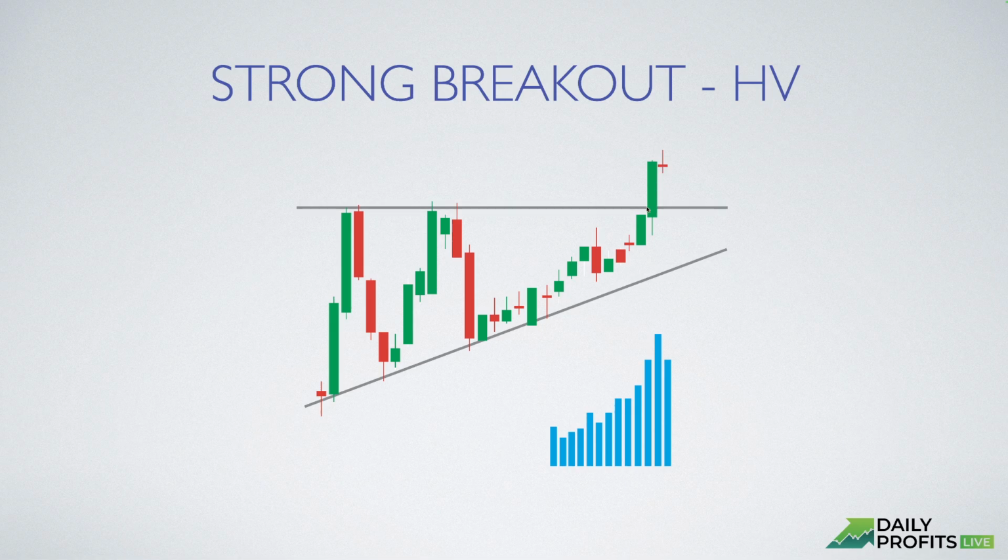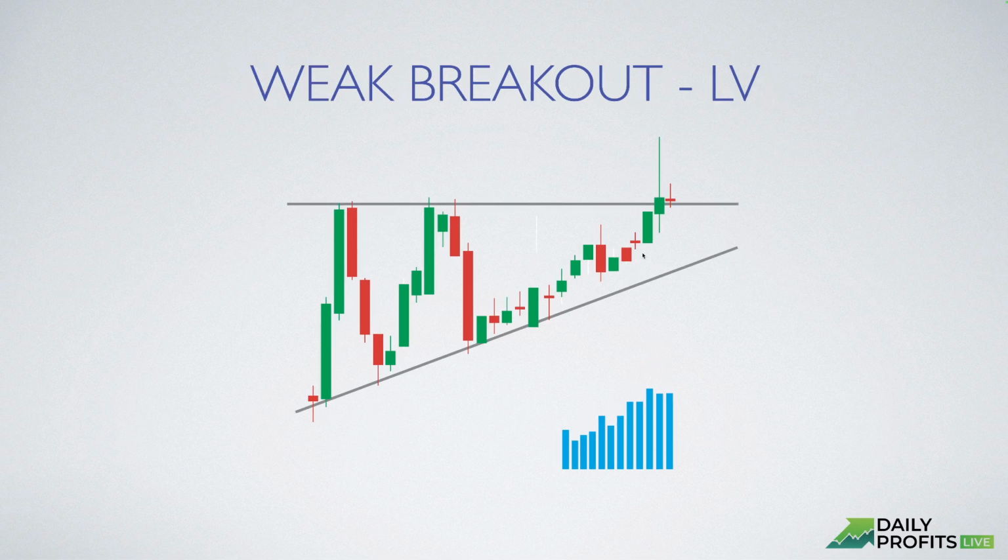Now, sometimes market makers will know that a breakout or breakdown level is there because they can also see the charts, and they will push the price up above to give a breakout signal and see if there's going to be buyers, right? Well, here's a weak breakout, right? The market makers pushed that price up above to see if buyers were going to step in and start buying this, right?